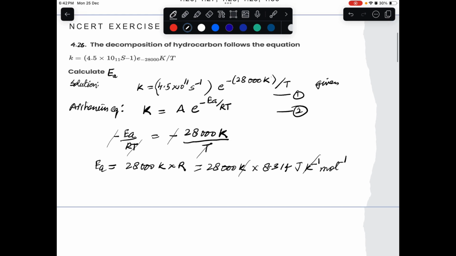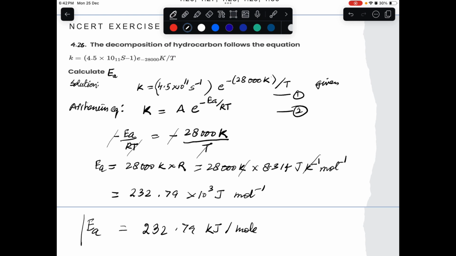So the value that we are getting here is 232.79 into 10 raised to the power 3 joules per mole. So energy of activation we can write as 232.79 kilojoules per mole. This is our answer, energy of activation.